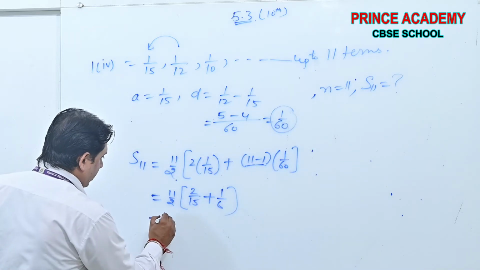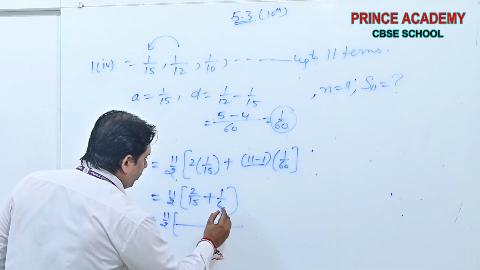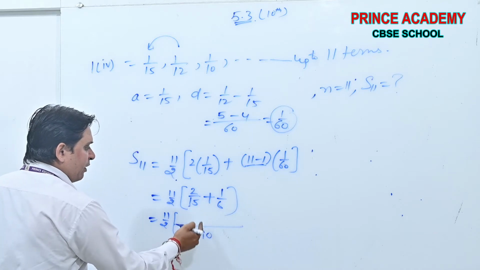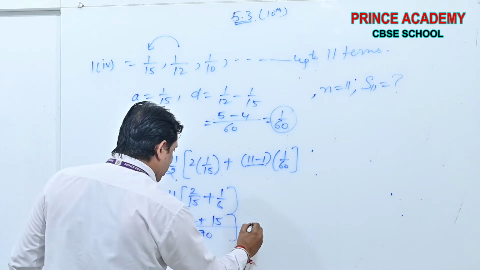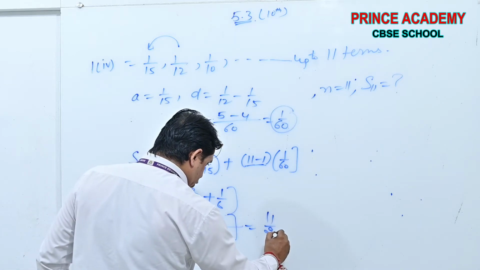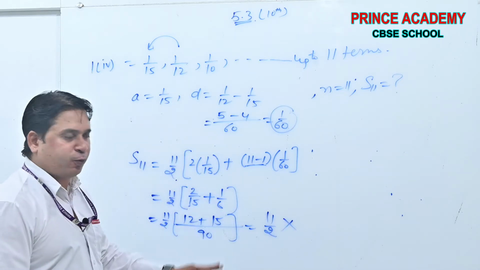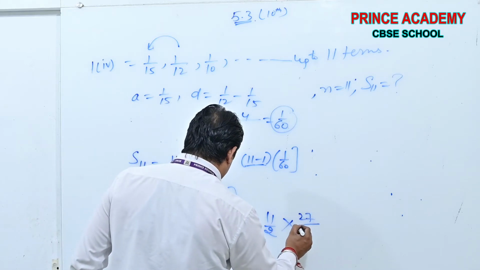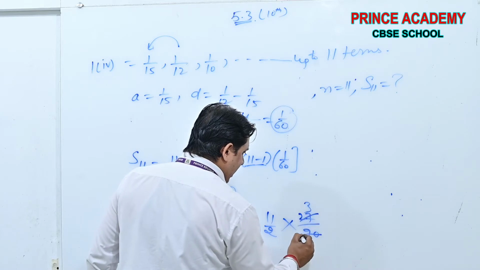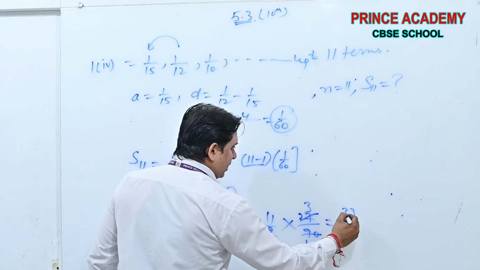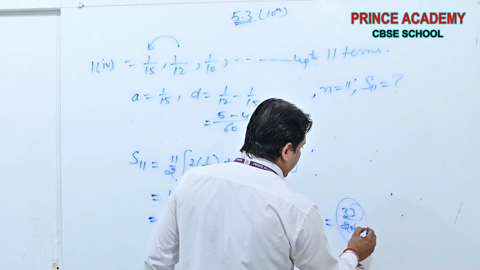Okay. Here you take the LCM 90. 15, 6 2s are 12, plus 15. 11 by 2 into 27 by 90. Done, beta. 9 3s are 9, 10 ja. 33 by 20. You check the calculation, beta.